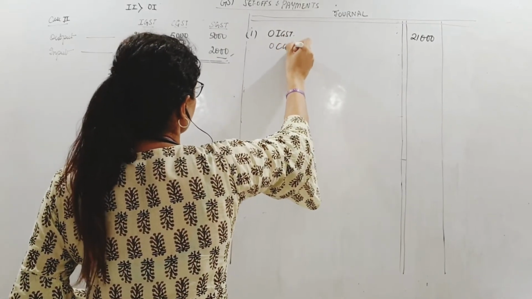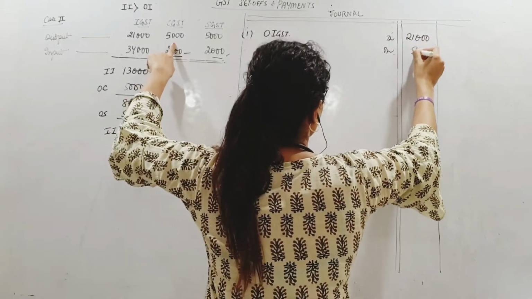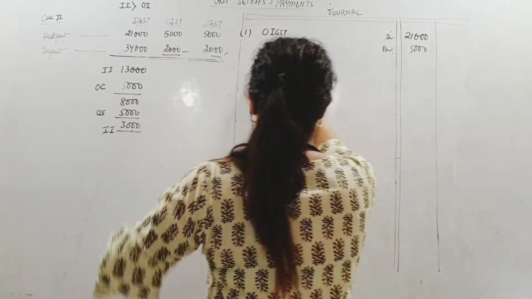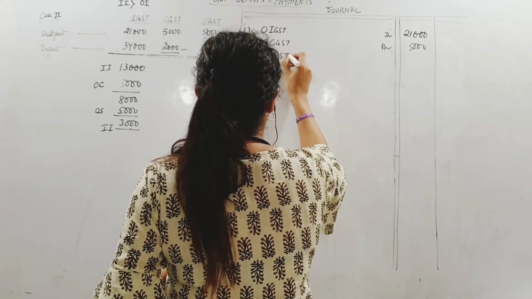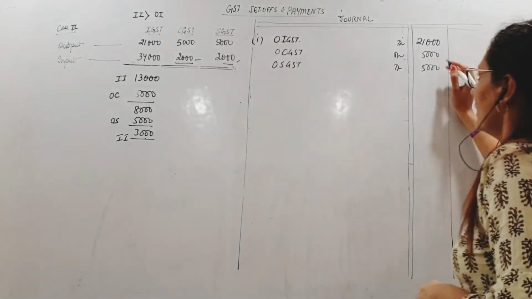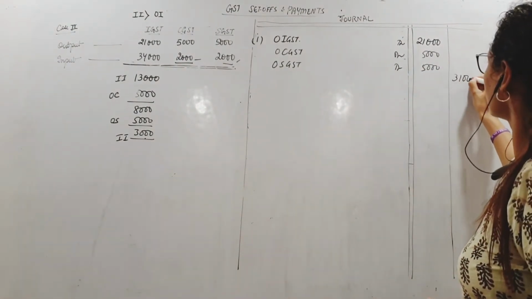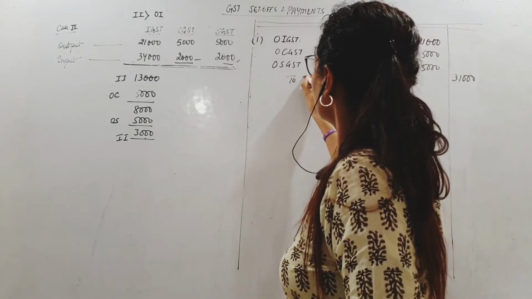Output CGST account. How much was there? 5,000. I have utilized that also completely. And output SGST, another 5,000 utilized. So how much have I written off? 31,000.